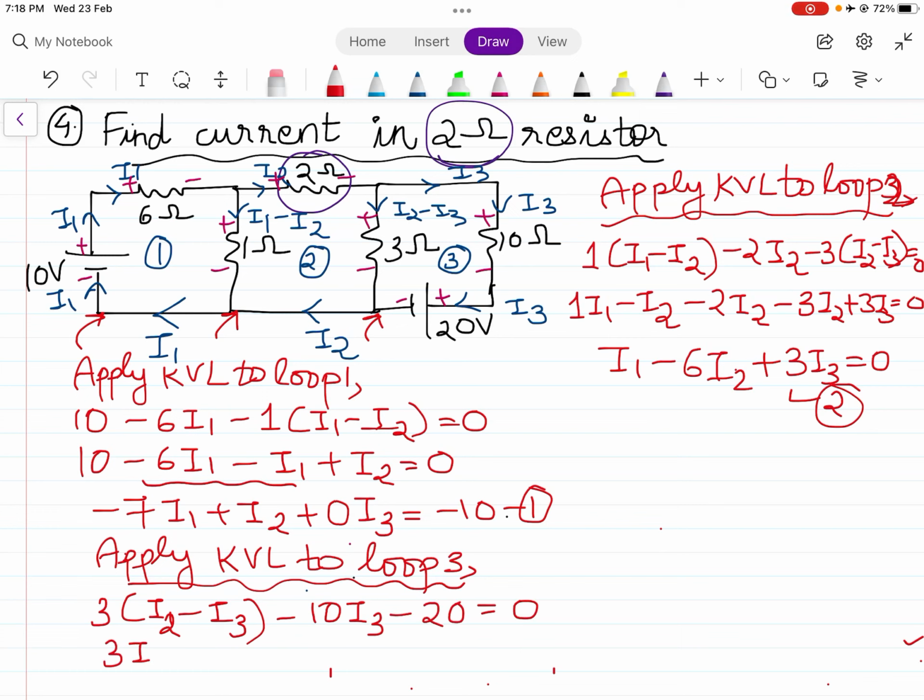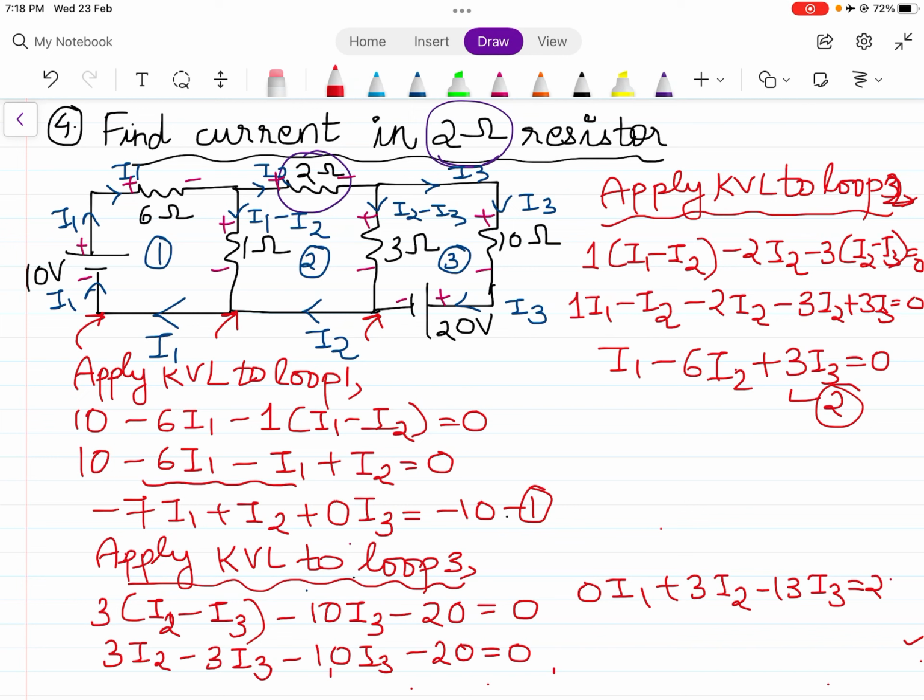So 3 I2 minus 3 I3 minus 10 I3 minus 20 equal to 0. So 0 I1 plus 3 I2 minus 13 I3 equal to 20, equation number 3.